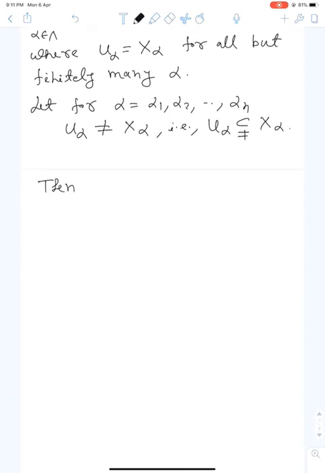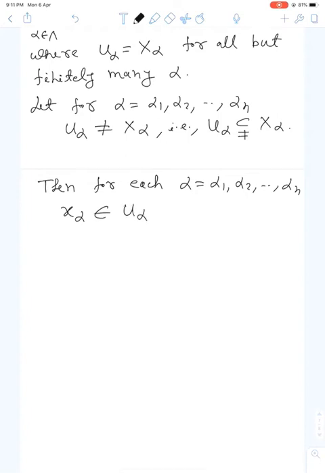Then for each alpha equal to alpha 1, alpha 2, up to alpha n, x alpha belongs to u alpha and X alpha is regular.